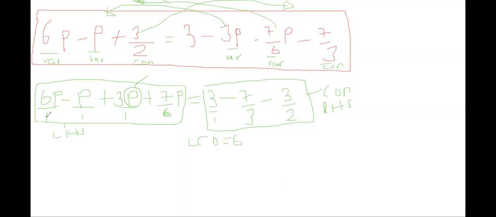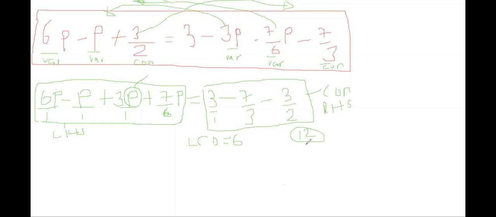Because this 6 can go in here exactly, without a remainder. 1 can go here exactly, this one can go here exactly, 3 exactly, 2 exactly. Someone might say 12, and it's true, because all of them can go into 12 without a remainder.